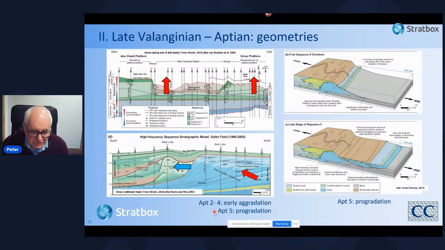Now, during deposition of Aptian sequence 5, there's a sea level low stand, so sea level drops, and we have exposure of the carbonate platform surrounding the Bab Basin, but the carbonate depositional system moves out into the shallow water, which is now located further out in the basin. So we get the development of these progradational carbonate systems, shallow water systems, out into the Bab Basin.